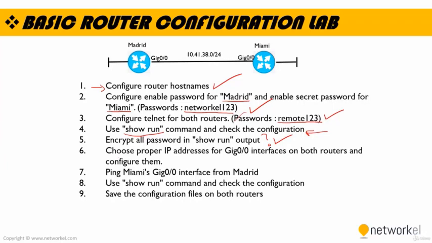Now, in the 6th step, choose proper IP addresses for Gig00 interfaces on both routers and configure them. And let's first choose proper IP addresses for the interfaces.